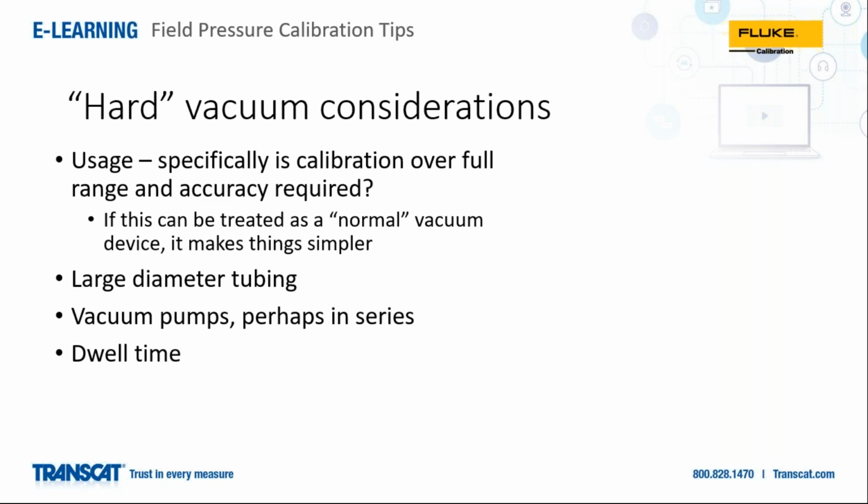Vacuum pumps are absolutely required to get below the level that the little baby pumps on handheld process calibrators are capable of. More sophisticated systems even have different vacuum pumps in series, so one pump picks up where the other one stalls out. And dwell time, similar to our thermal effects, means waiting until a quality vacuum is achieved.